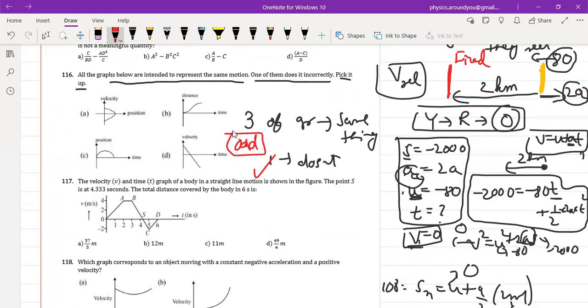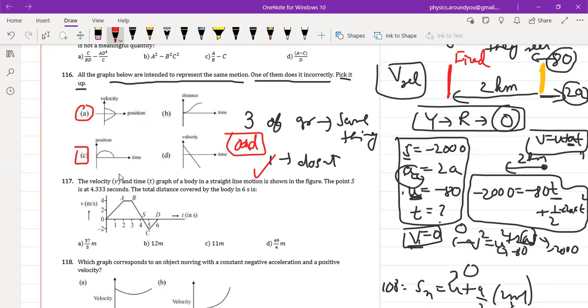For that, we need to define everything very clearly. We need to describe every graph very clearly. Okay. So velocity versus position, it is this curve. Does this description match with C, position versus time?